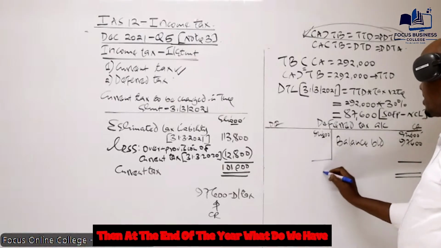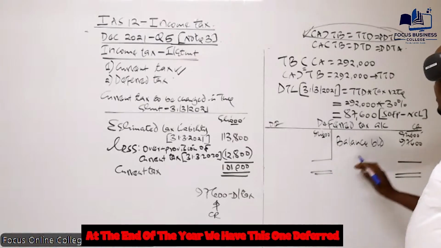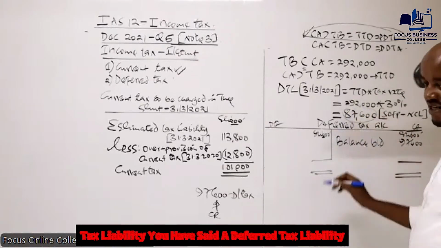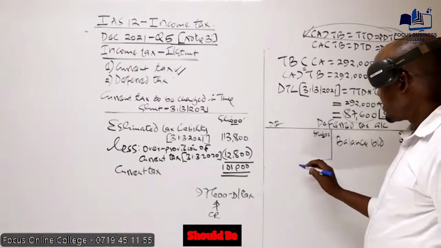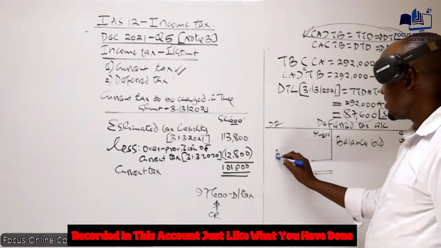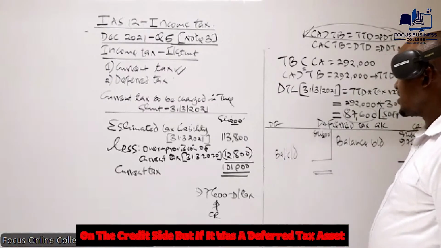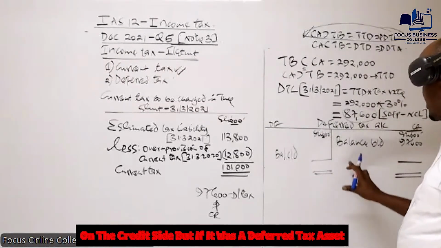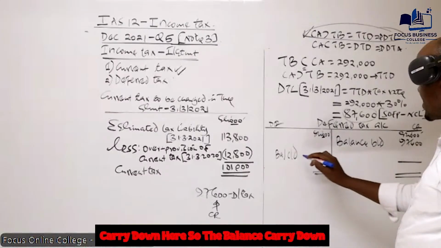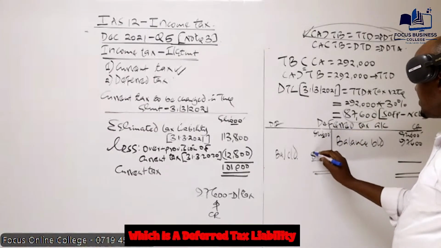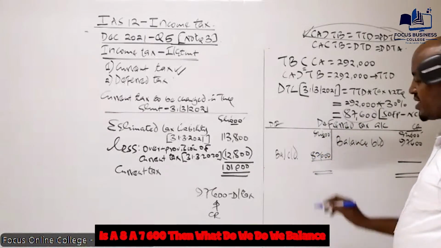Then at the end of the year, what do we have? We have the deferred tax liability, which should be recorded in this account on the credit side, just like what you have done in the other question. But if it was a deferred tax asset, we would record the balance carried down here. So the balance carried down, which is the deferred tax liability, is 87,600.